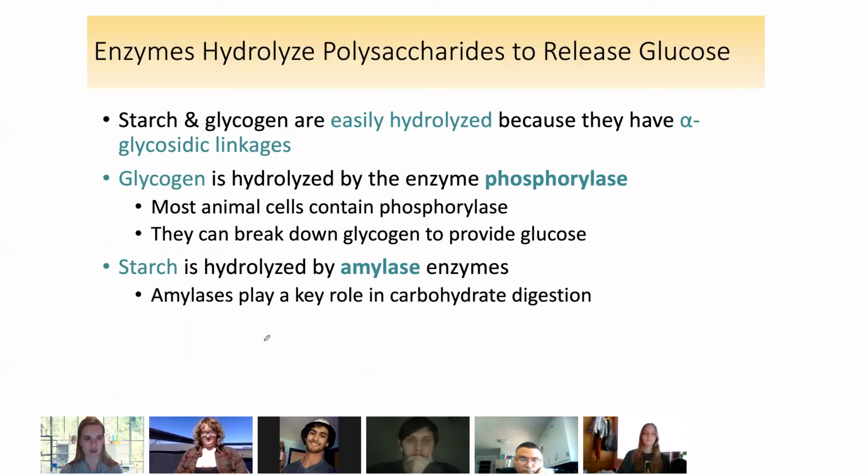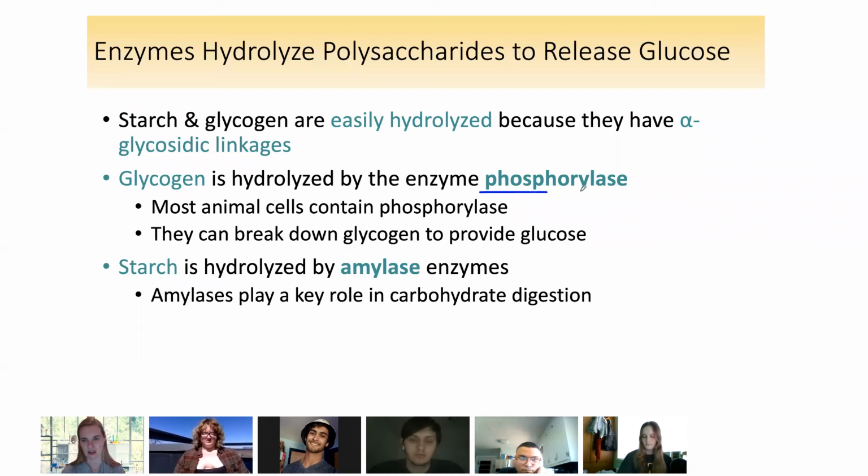So we're going to talk more about enzymes as we go through. The important thing I want to point out on this slide is we're looking at, again, our alpha glucose molecules that form the alpha glycosidic linkages, so glycogen and starch.